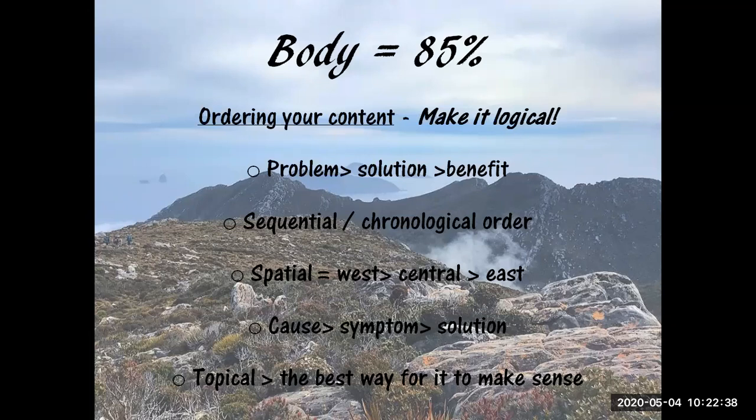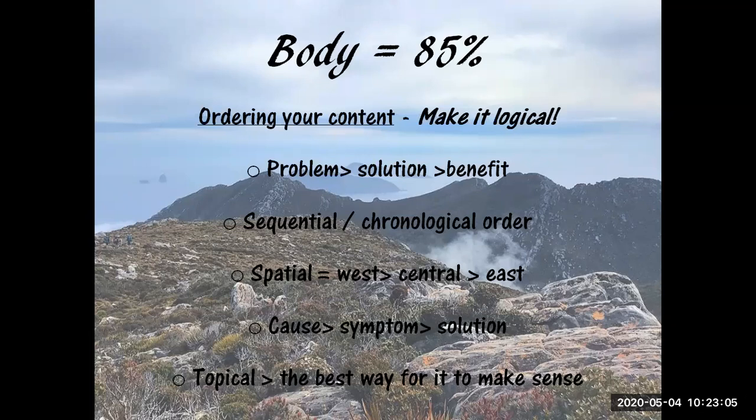So for me, that was the most logical order of information, and I want you to just think about logic. So you don't have to use one of these: problem, solution, benefit, sequential or chronological, spatial, but you need to really think about what is the most logical order for you to put your information together in.